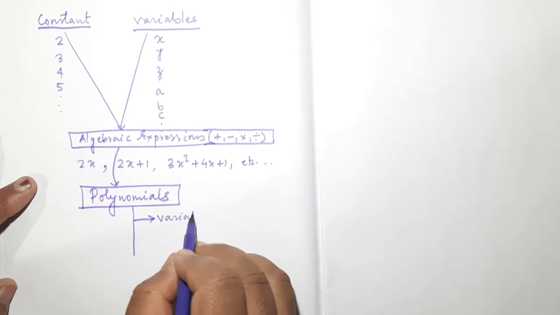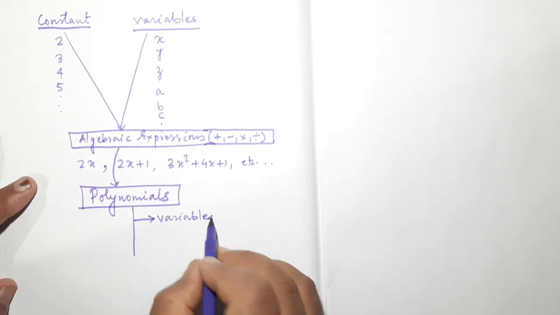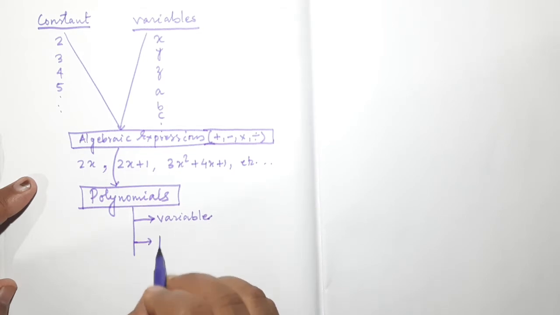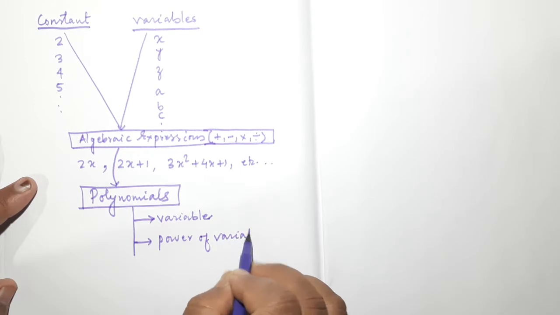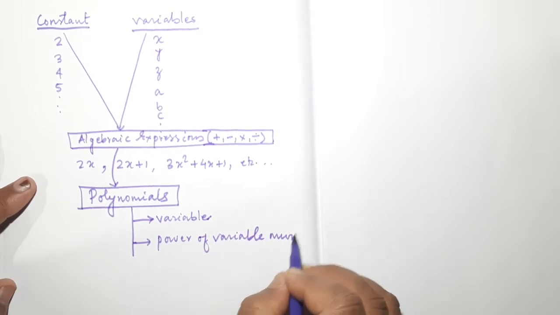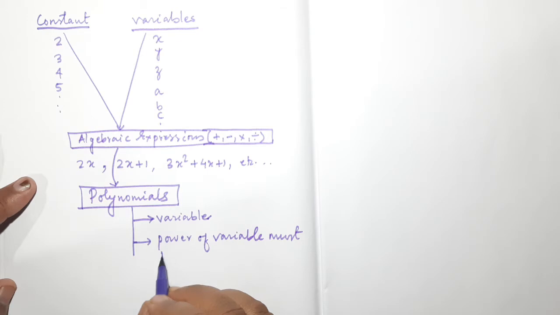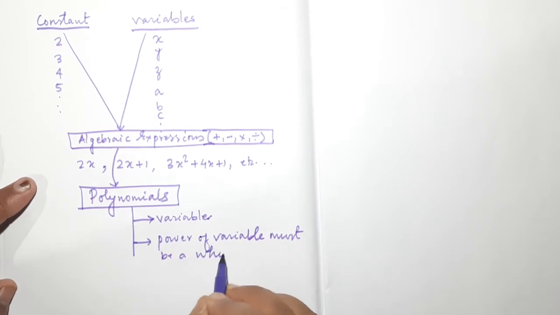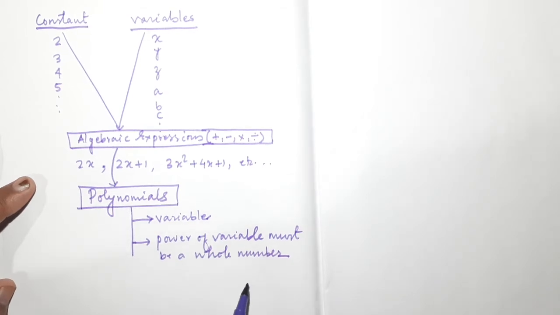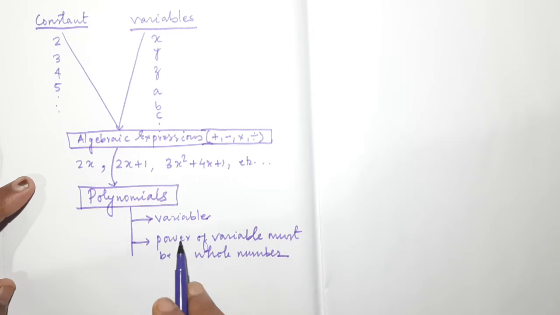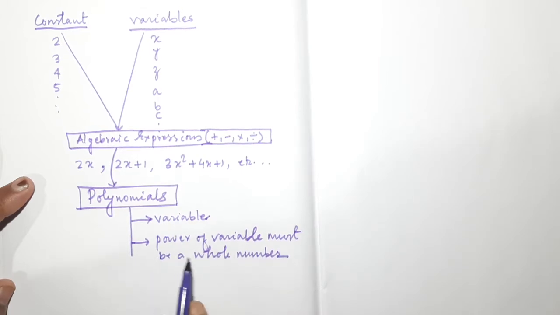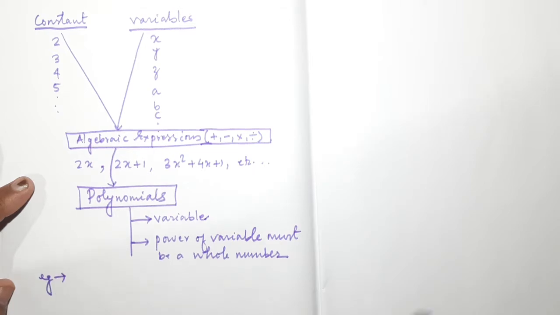It will have variables, and the power of the variable must be a whole number. Okay, children? If you are writing a polynomial, there must be a variable and the power of the variable must be a whole number.